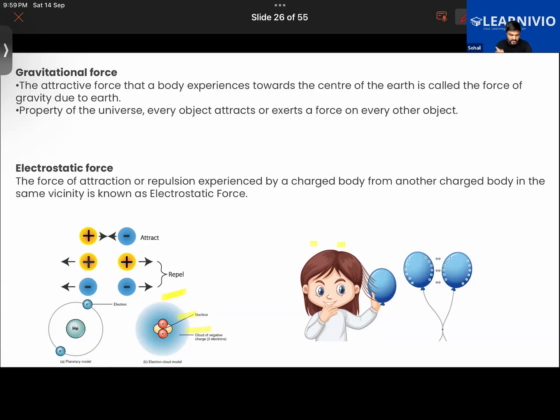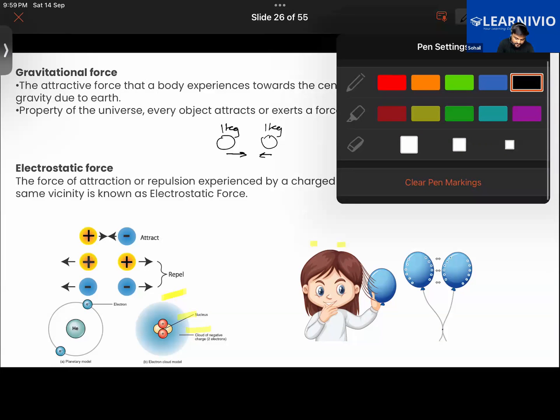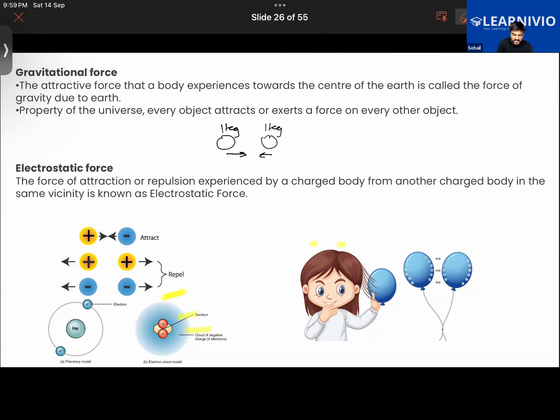I mean to say that every object that we see in the universe will be attracting each other, whether that object is of 1 kilogram or 1,000 tons. But we don't get to see them moving towards each other. Do we ever get to see two random objects just start to move towards each other? No.